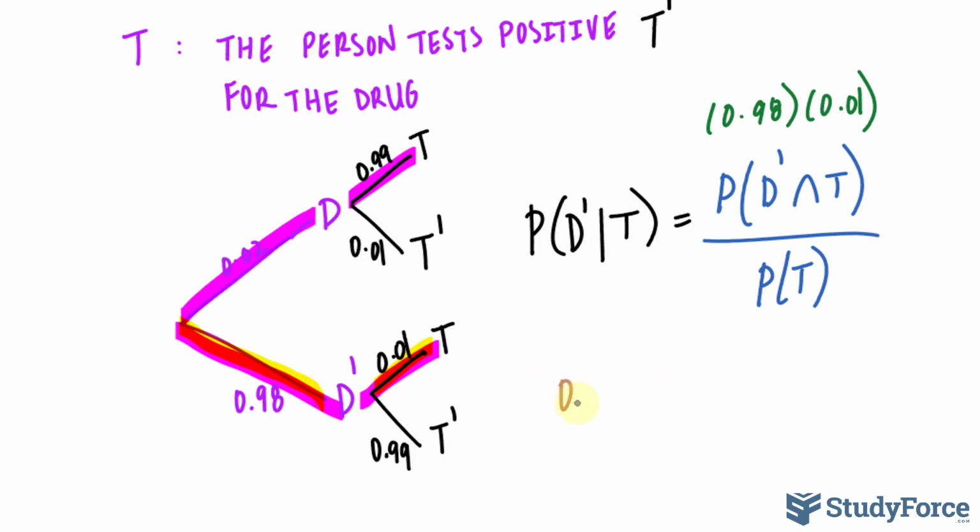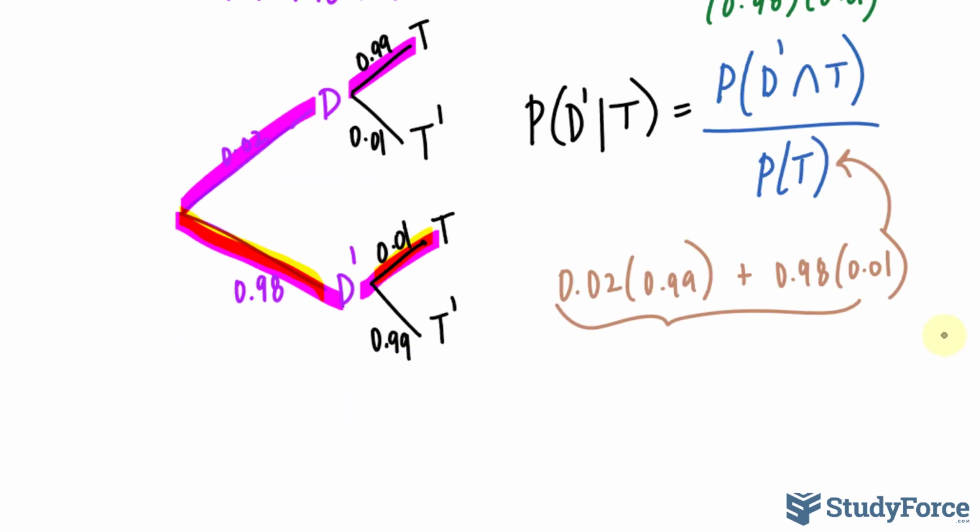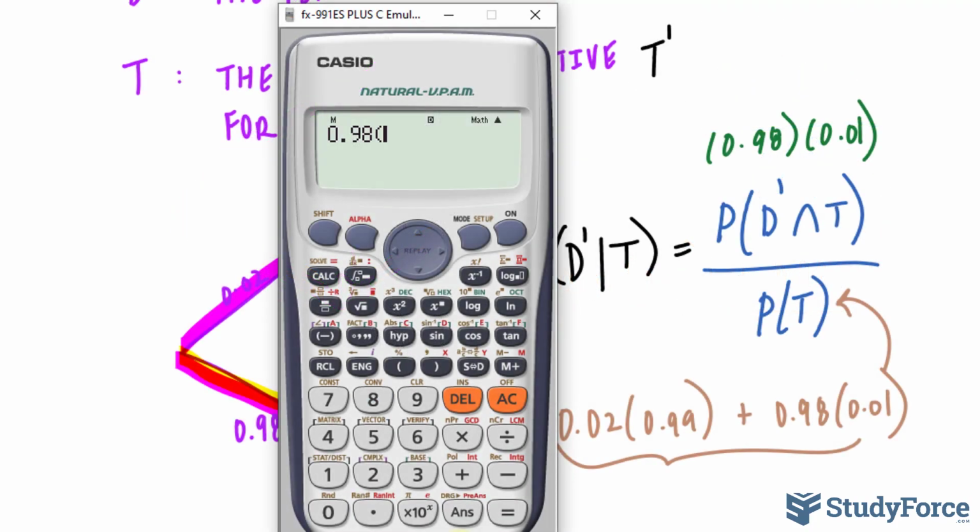Therefore, 0.02 times 0.99 plus 0.98 times 0.01. Finding out what that is goes into there. Now let's use our calculator. It was 0.98 times 0.01.